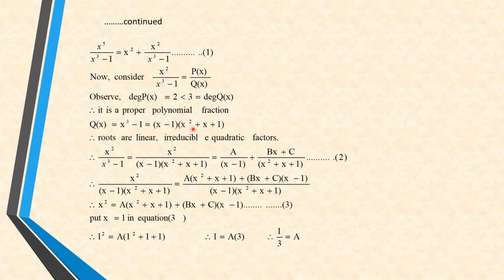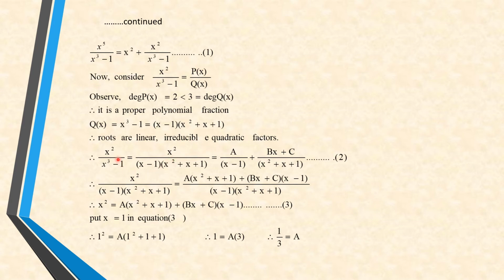Now the second factor is x square plus x plus 1. Highest power of x is 2, so it is called as a quadratic factor. Further, we cannot factorize it again, so it will be called as irreducible quadratic factor. Hence, now the type of factors in Q of x is linear, irreducible, quadratic. So how we will decompose it?